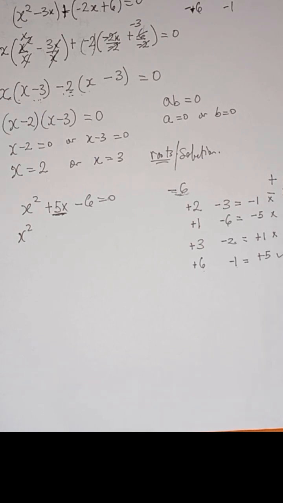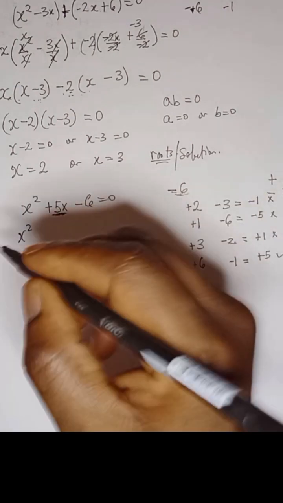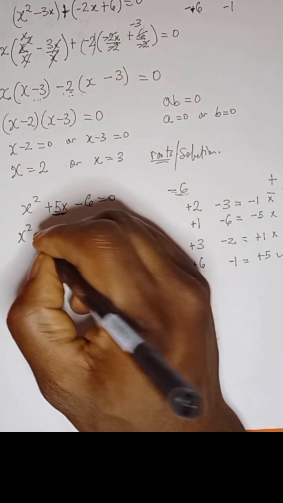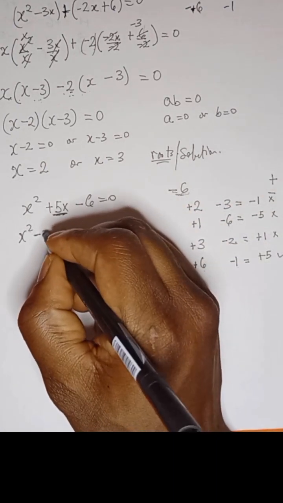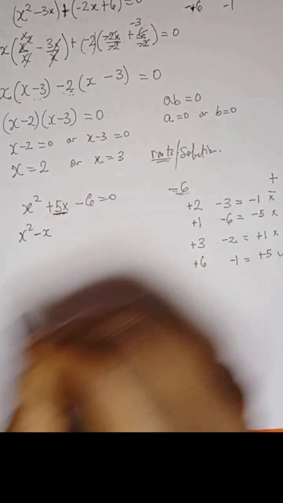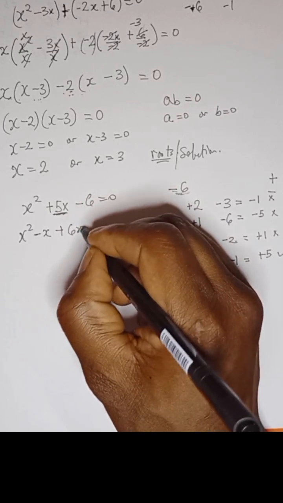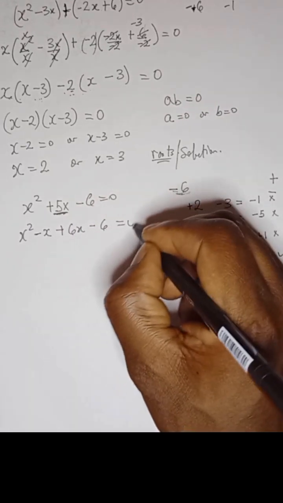It doesn't mean that if you write the positive first and then the negative, it wouldn't work. It just makes the work easier. So, x squared, instead of writing minus 1, in algebra we have minus x, plus 6x minus 6 equals 0.